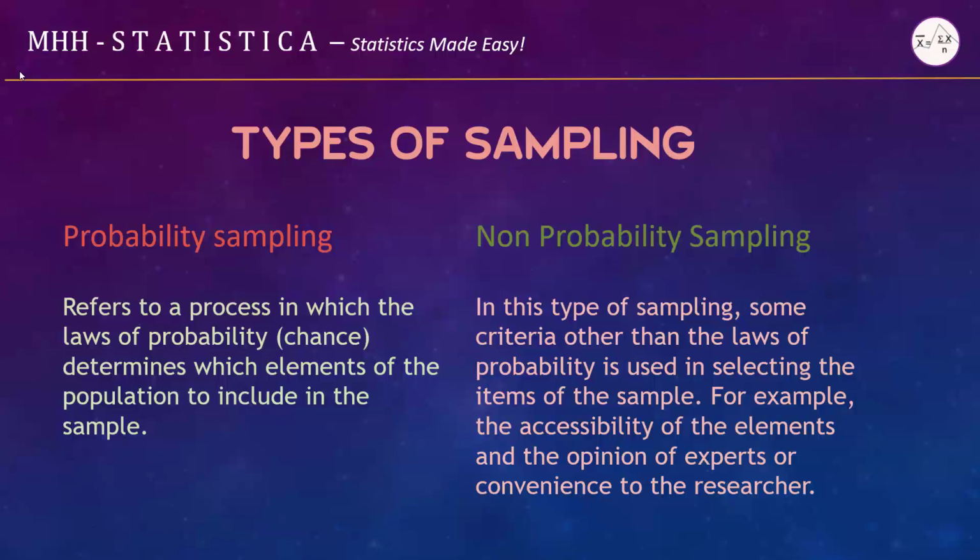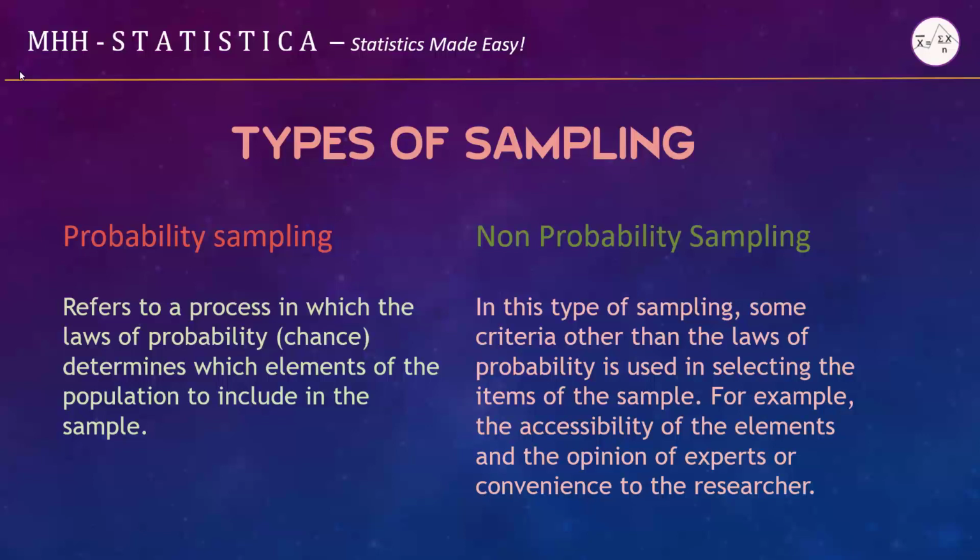Non-probability sampling: in this type of sampling, some criteria other than the laws of probability are used in selecting the items of the sample. That is, the accessibility of the element or member that is capable of being used to perform the task, and the opinion of experts, that is a formal expression of judgment or advice by the expert.